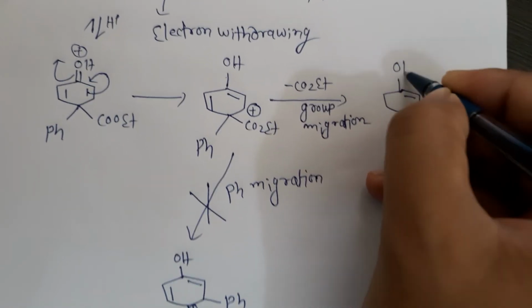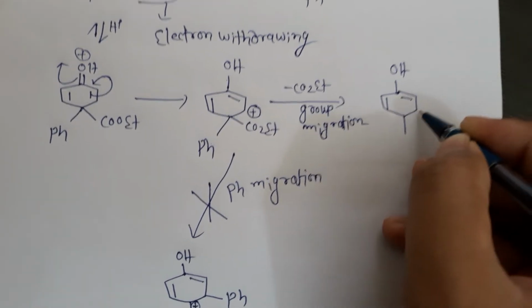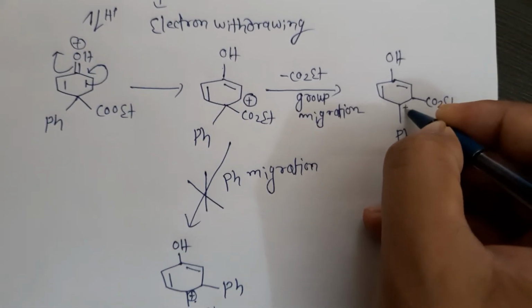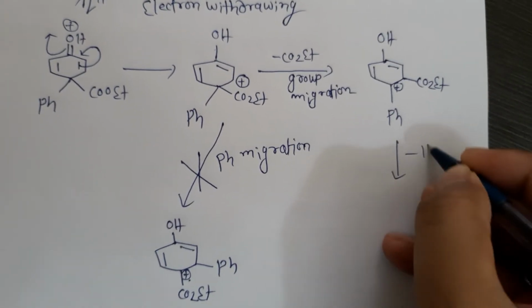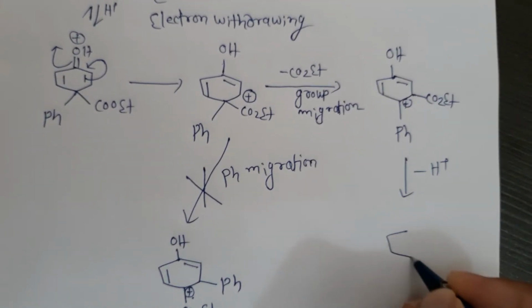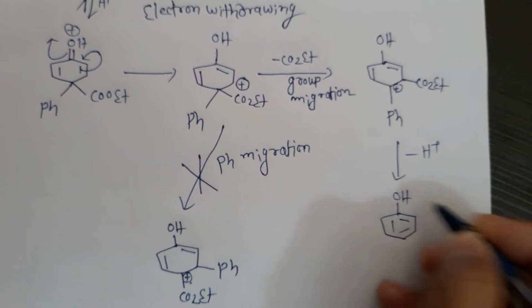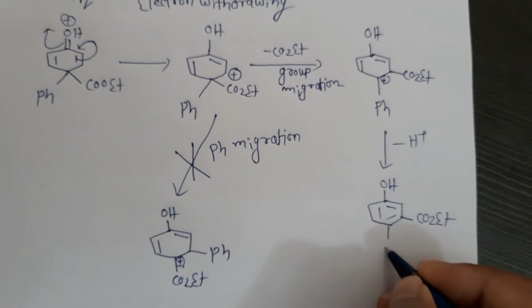This OH, here C double bond OEt, here Ph. Now this carbocation is stable. Then minus H plus to give the product. Here OH, here C double bond OEt, here Ph.